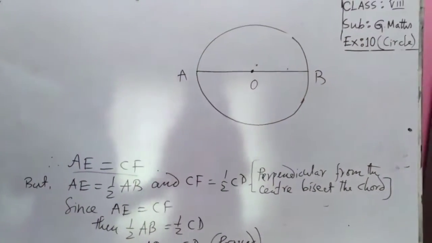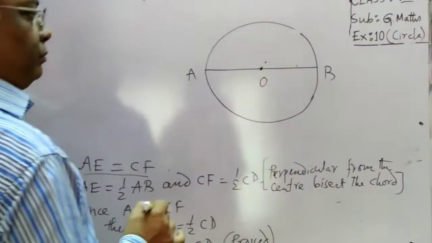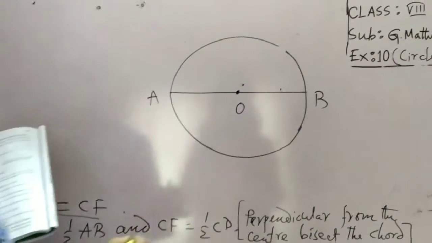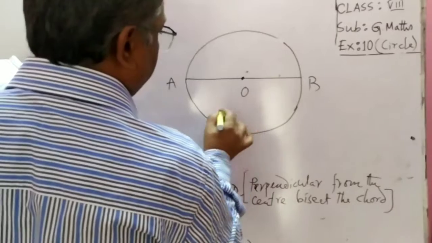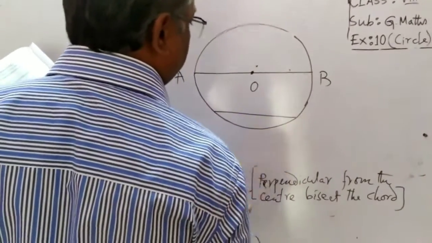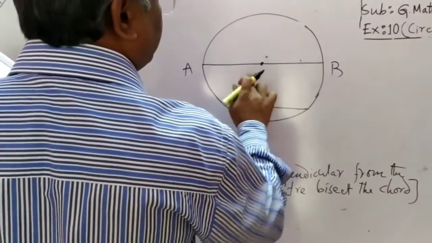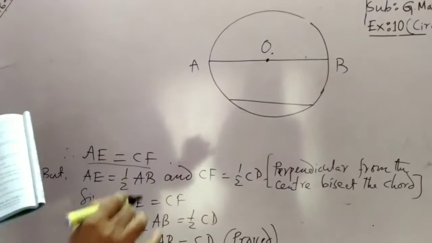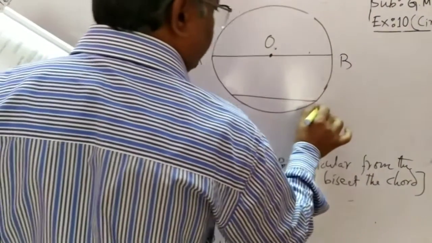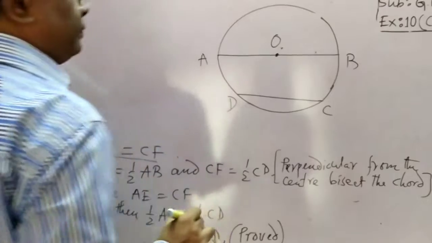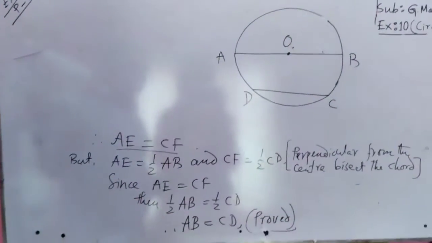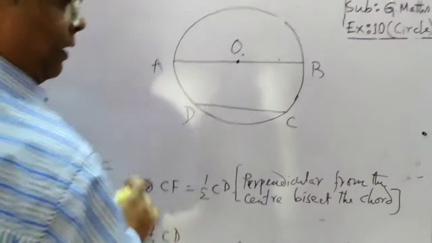Diameter passes through the center and another chord CD. You have to prove that AB always greater than CD.